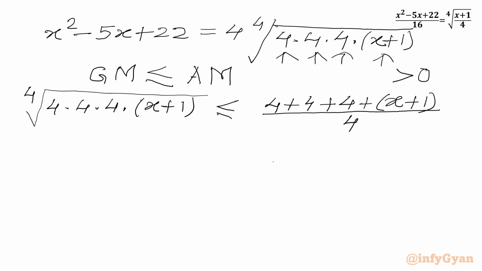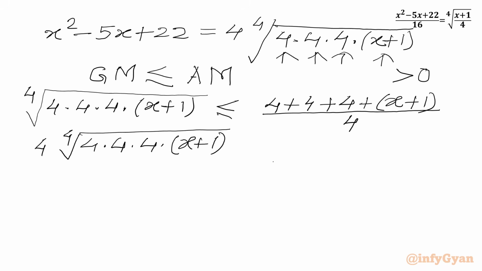We'll multiply our inequality by 4. So we'll be writing 4 times the 4th root of 4 times 4 times 4 times (x + 1) less than or equal to 4 + 4 + 4, that is 12, plus x + 1, so x + 13.